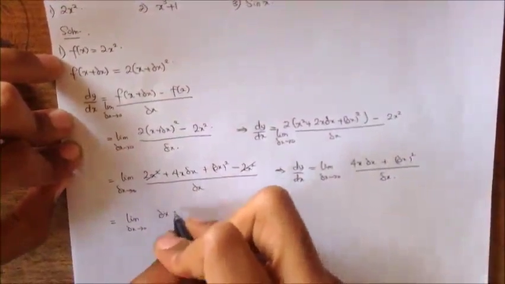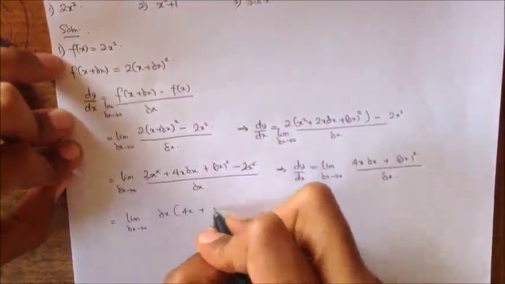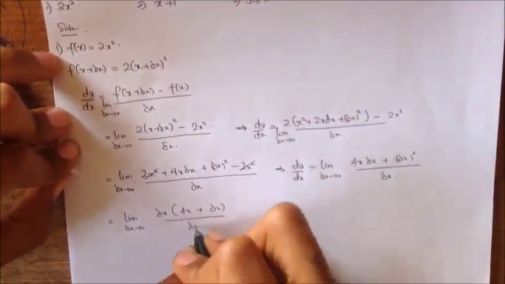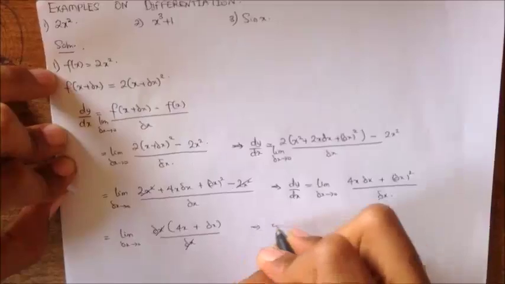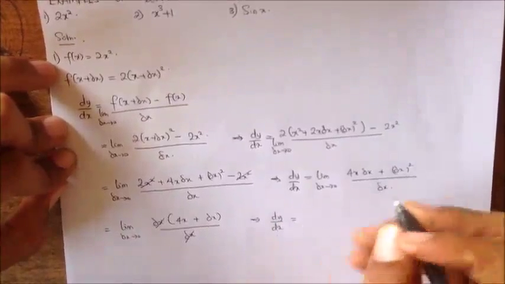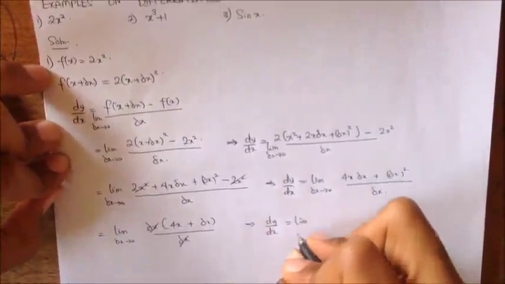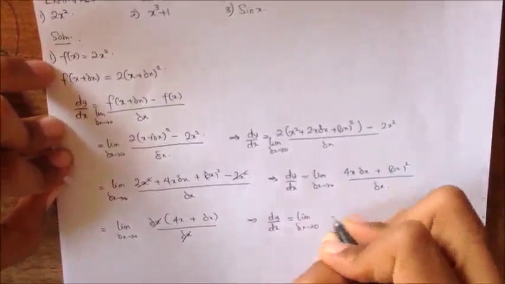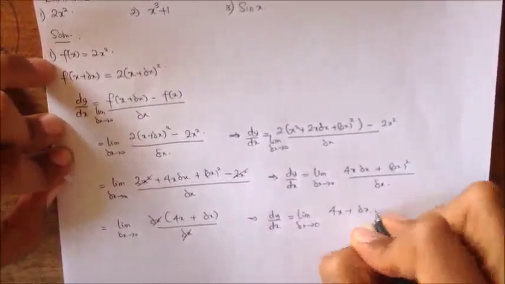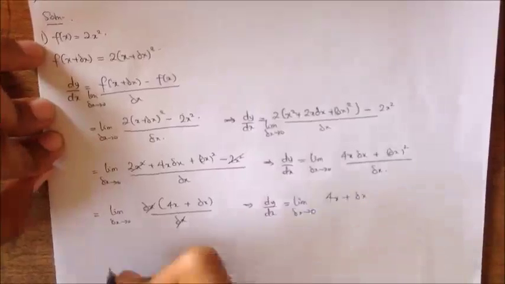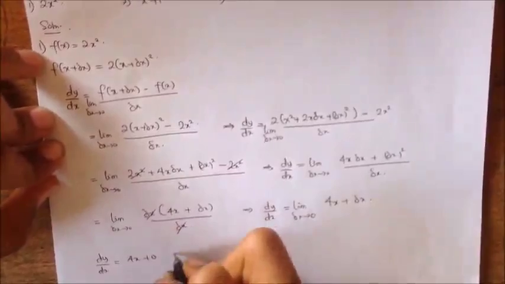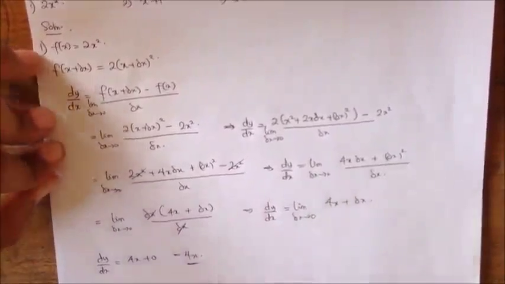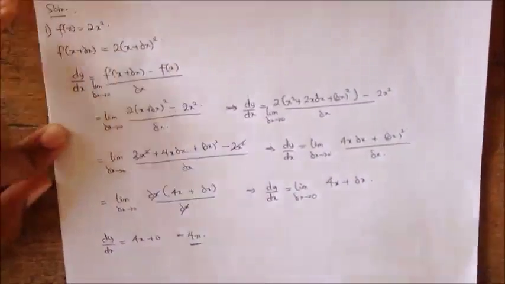It's going to be delta x into 4x plus 2 delta x, divided by delta x. So my dy dx is simply the limit as delta x tends to 0 of 4x plus 2 delta x. If I take my limit, dy dx is just 4x plus 0, which is 4x. So this is the differentiation of 2x squared.